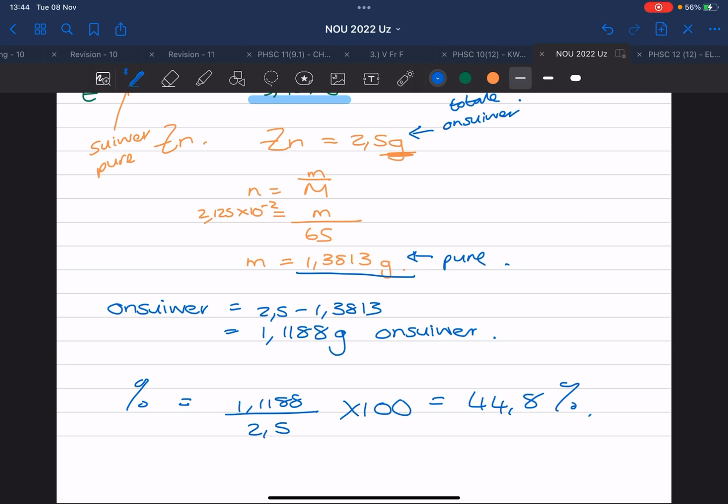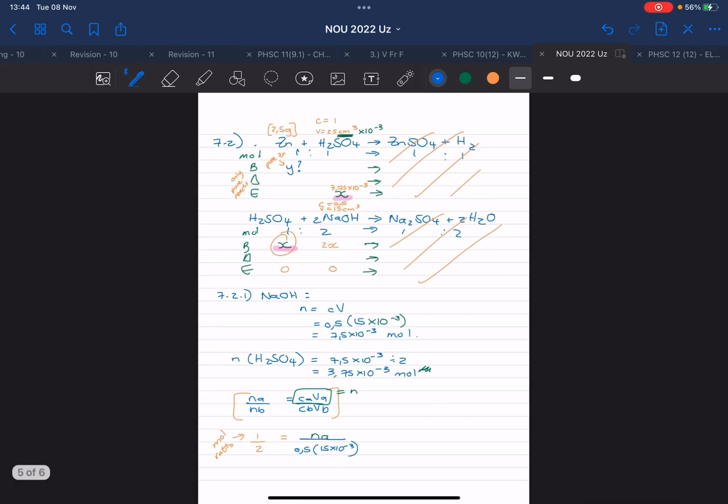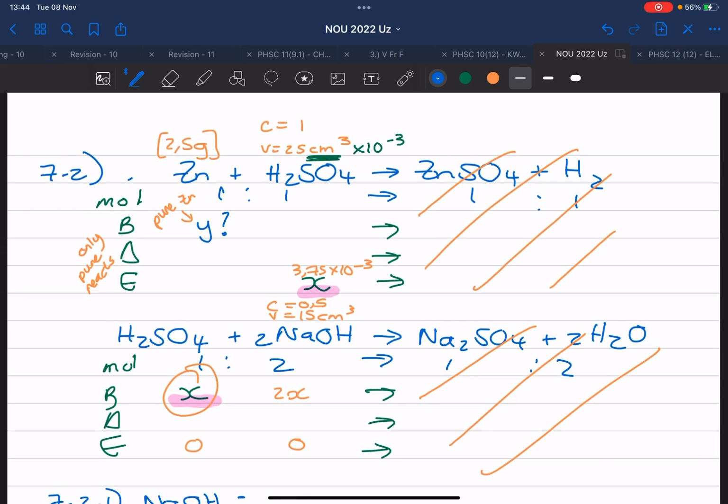Okay, so die vraag gaan altyd so wees nie. Okay, how did I go about helping myself in this question? Ek het vir myself my twee vergelykings gaan lees. I wrote down my two equations, tabelle, en dan het ek gesê, goed, wat die inligting gee het? They gave me that information, it's not more, I don't put it in my table.